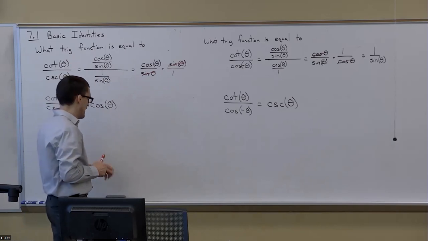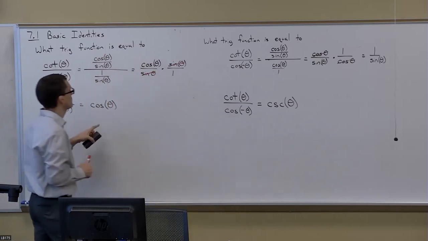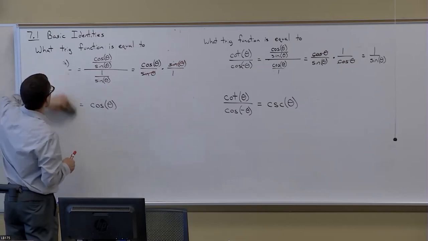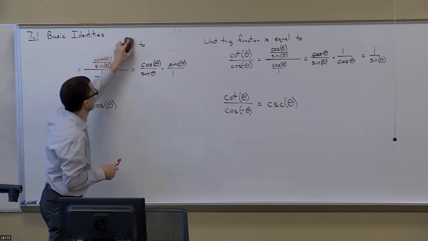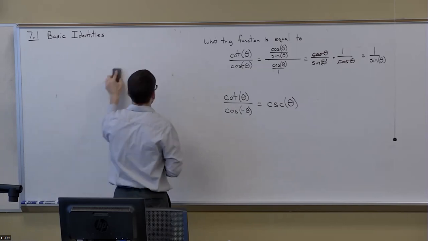Okay. And a lot of times, instead of saying what trig function is equal to this, what it'll say is something like, is this true or false? Is this statement true or false? So let's do a couple of those examples.